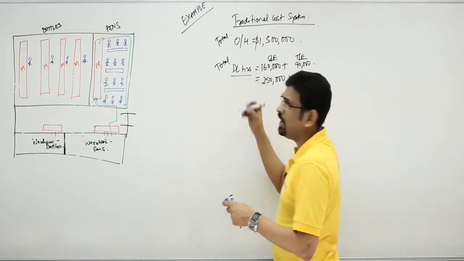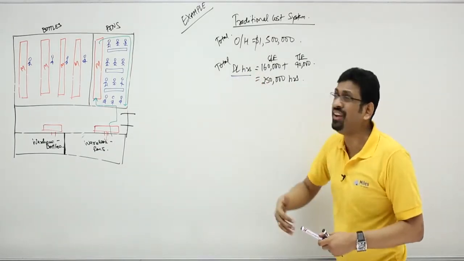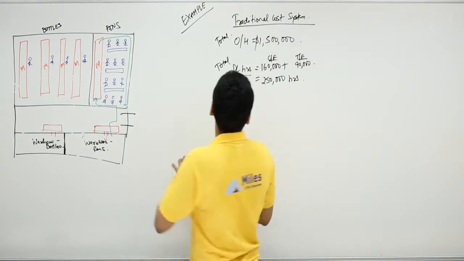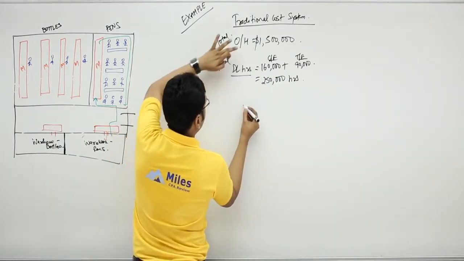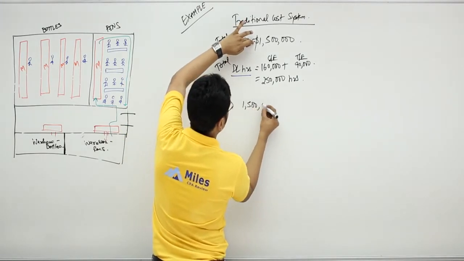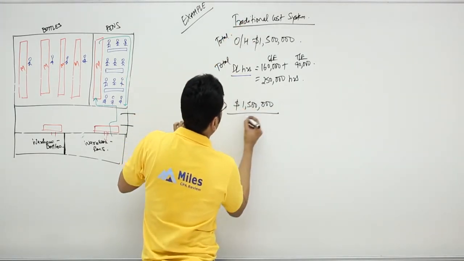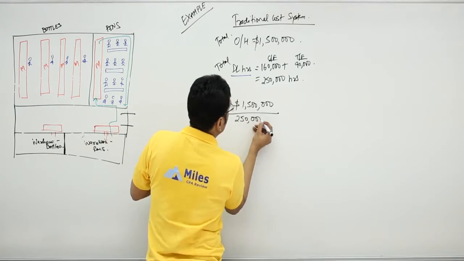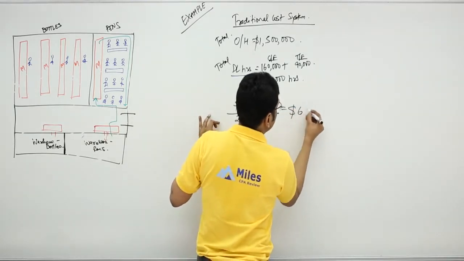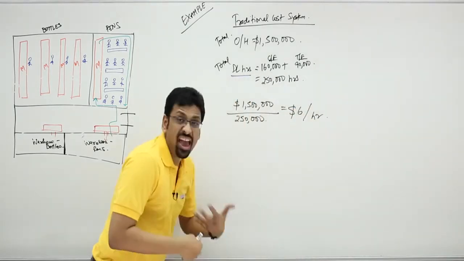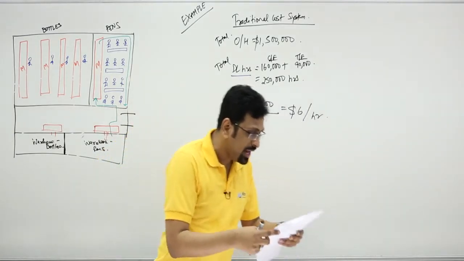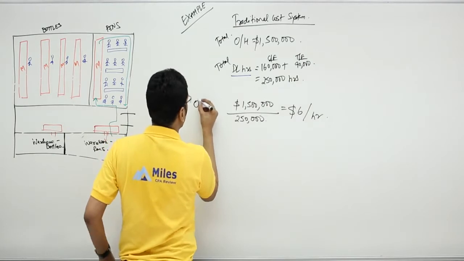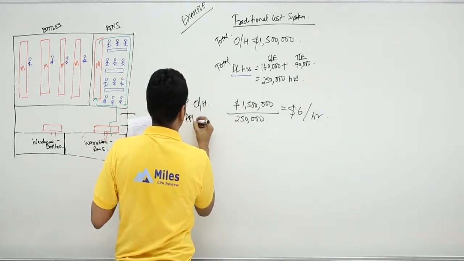So how much overhead do we apply for every direct labor hour? That's simple and easy. You have $1.5 million of overhead for 250,000 hours. That gives you $6 per hour. So for every hour that the workers put in production, $6 of overhead gets applied. This becomes your overhead application rate.